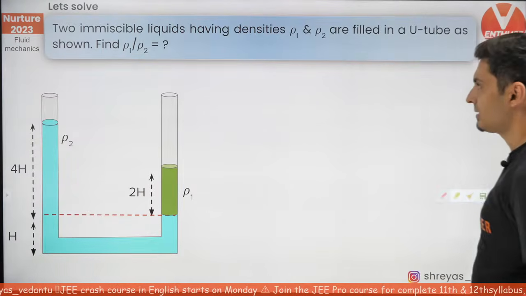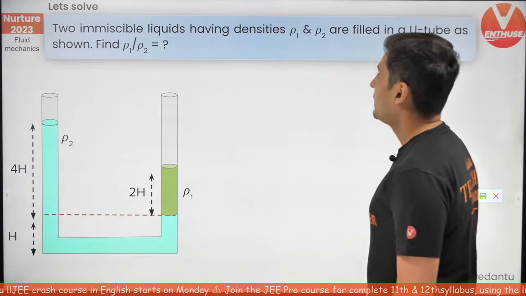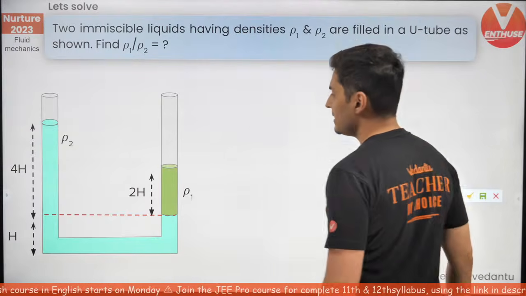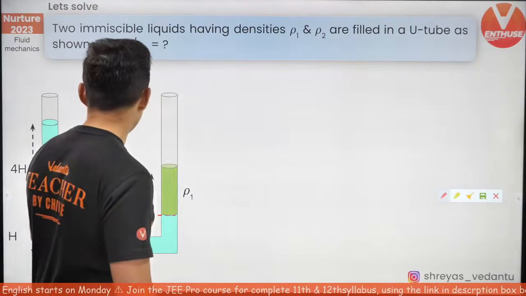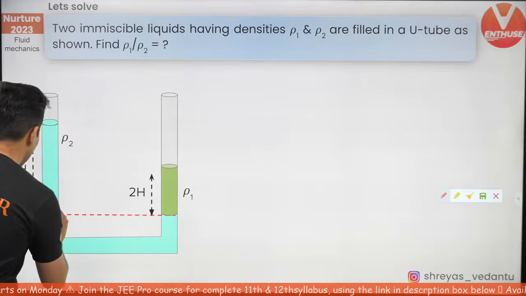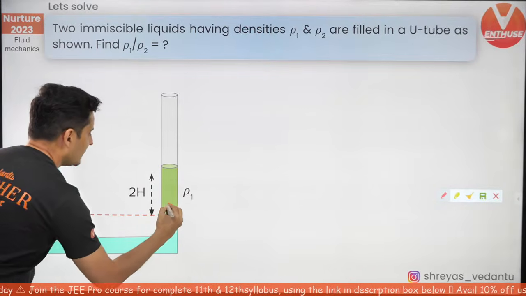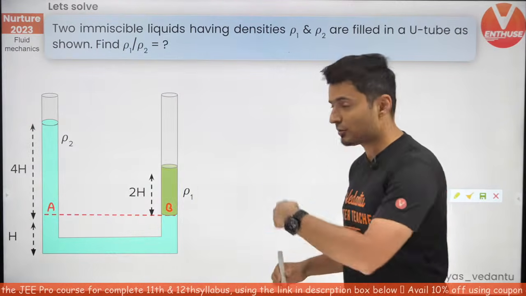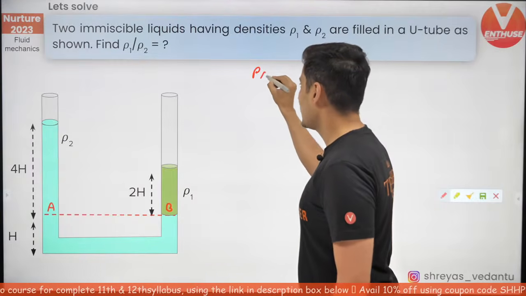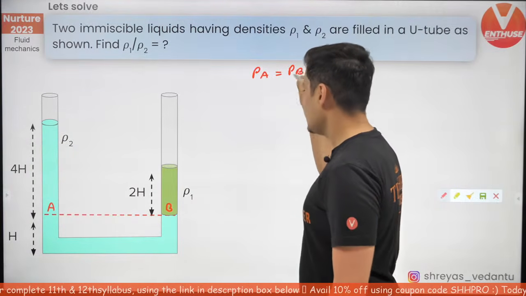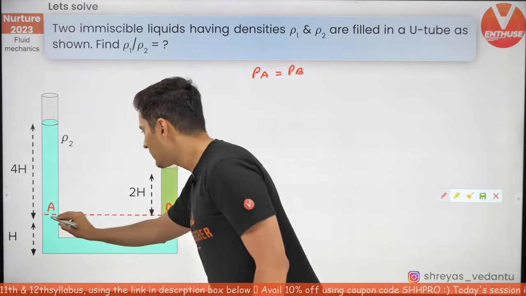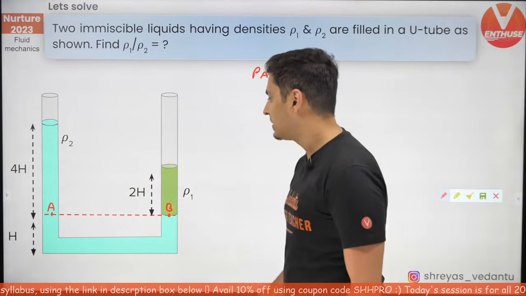Let's have a look at this now. Two immiscible liquids are there and the densities are given. The question is, what is ρ1 by ρ2? We know that this point A and this point B will have the same pressure, just from the previous logic. So pressure at point A will be pressure at point B because this point and this point are in the same liquid.